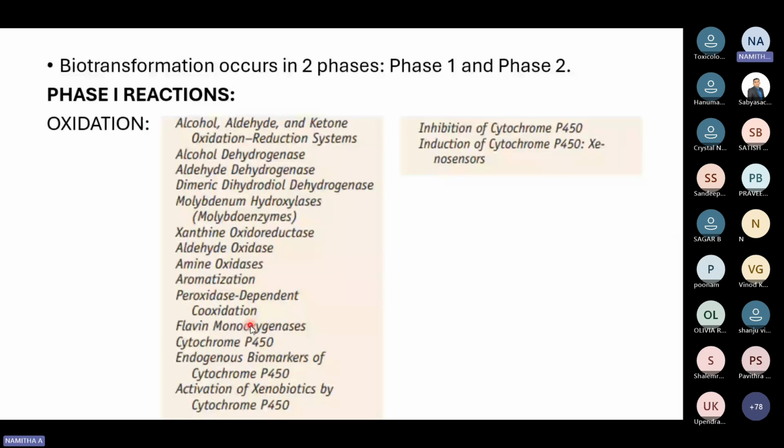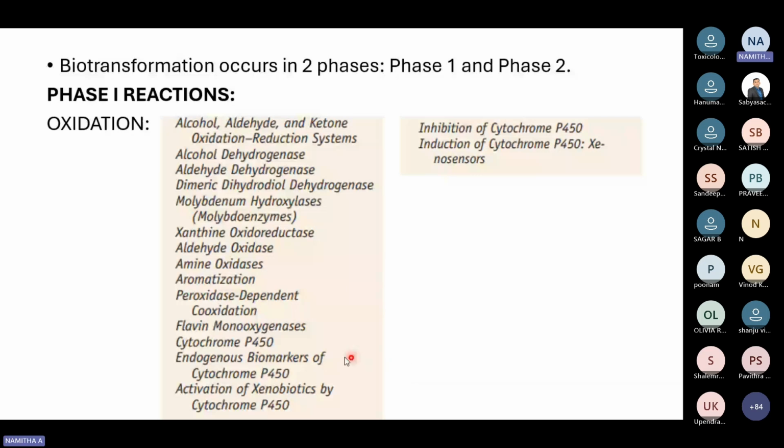Coming to the oxidation, we have alcohol, aldehyde and ketone oxidation reduction system, alcohol dehydrogenase, aldehyde dehydrogenase, dimeric dihydrodiol dehydrogenases, molybdenum hydroxylases, xanthine oxidoreductase, aldehyde oxidase, amine oxidases, aromatization, peroxidase dependent co-oxidation, flavin monooxygenases, cytochrome P450, endogenous biomarkers of cytochrome P450, activation of xenobiotic by cytochrome P450, inhibition of cytochrome P450, induction of cytochrome P450, that is xenosensors.